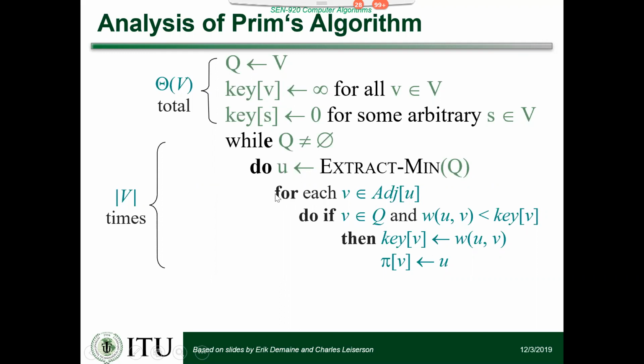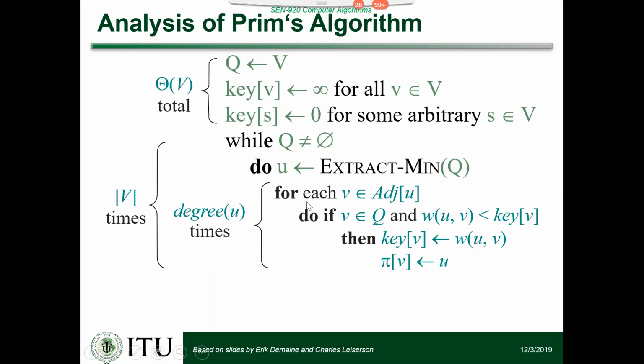Then for this inner loop, for every vertex that got extracted, you're going to look at the neighbors and compare the edge weight with the current key, and so on. For every neighbor, you do this comparison and do the assignment and update. So you see this entire number of neighbors that you have to look at.